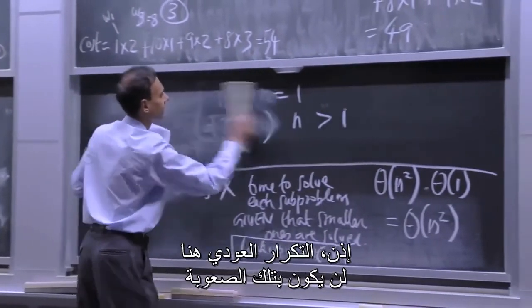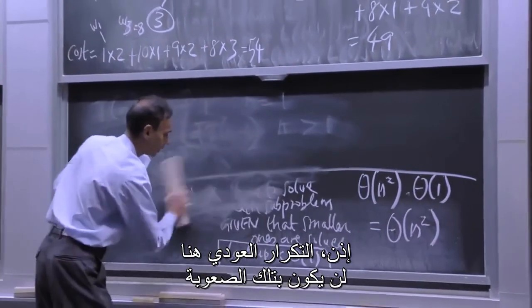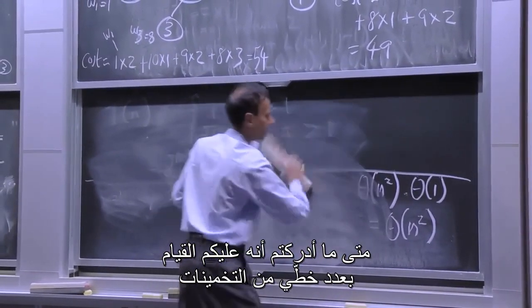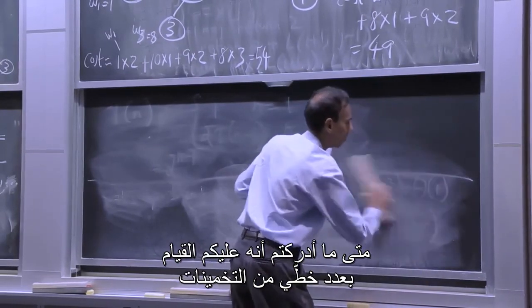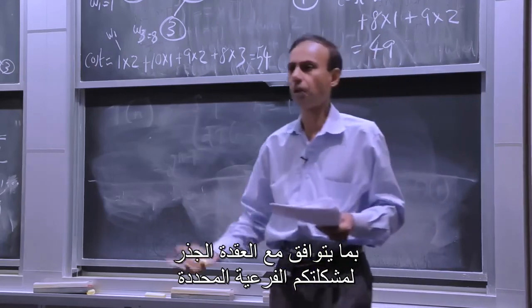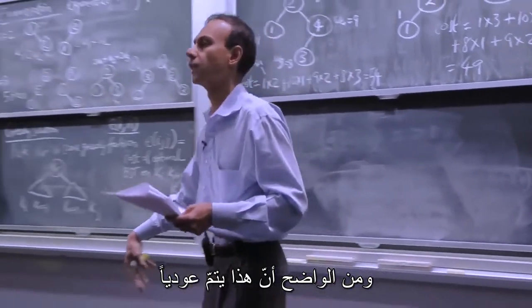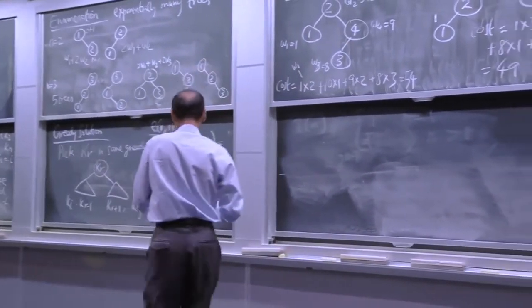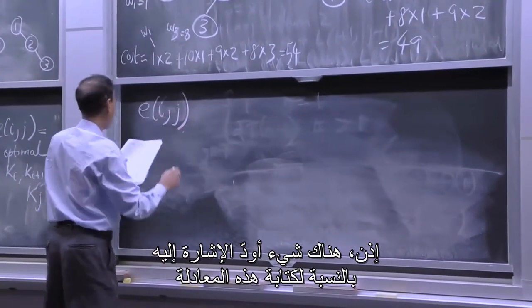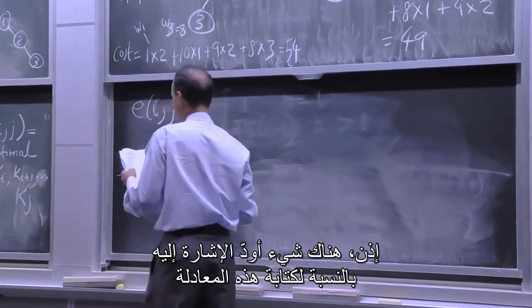So the recursion here is not going to be that hard once you have gotten the insight that you just have to make a linear number of guesses corresponding to the root node for your particular subproblem. And obviously this happens recursively. Okay? So there's a little subtlety here that I'll point out with respect to writing these equations out.